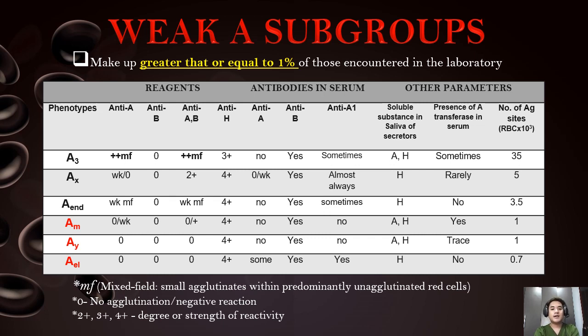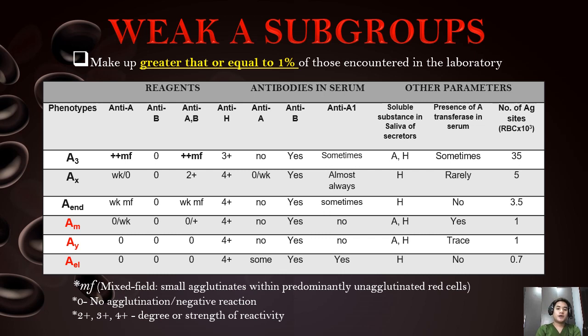And take note, class, that your antigen sites have something to do with the enzyme efficiency or the conversion of the H precursor substance. So for Am RBCs, they are mostly unagglutinated with your anti-A and anti-AB, but in less probable cases may demonstrate agglutination, though very weak reactions only. And they do not agglutinate with anti-A1 lectin.